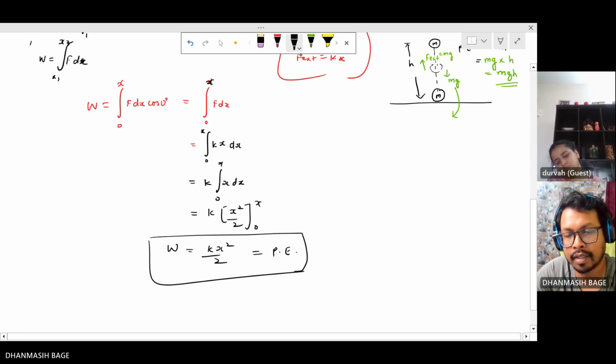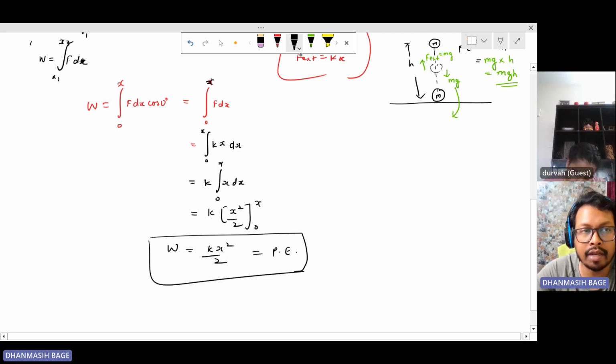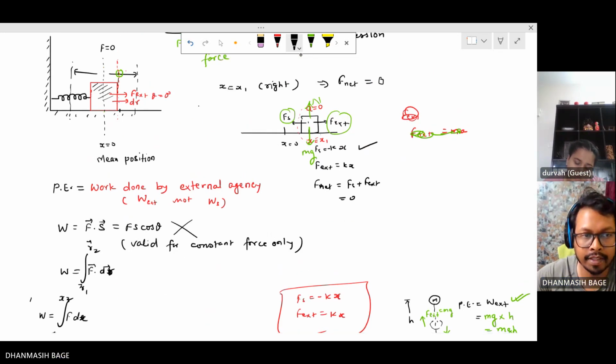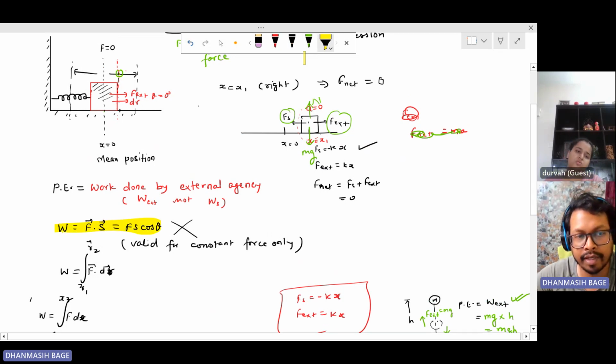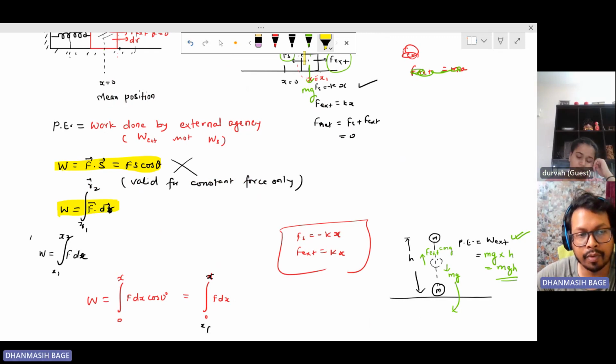Okay, simple. You got this? Whenever you're finding out the work done by a variable force, you will never use that formula. We are so used to using this formula in every case. No. For variable forces, you will use these formulas.